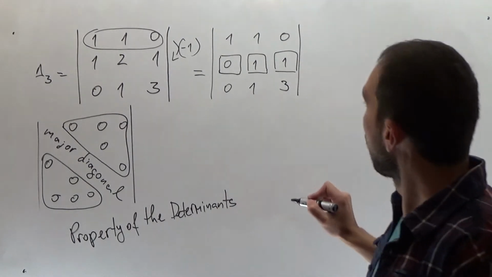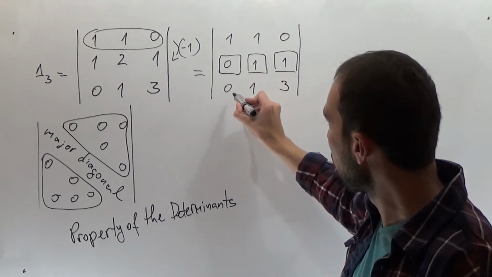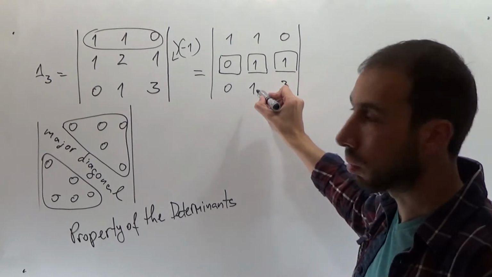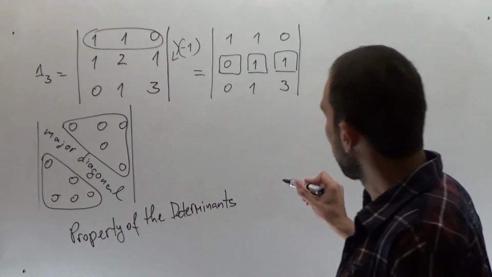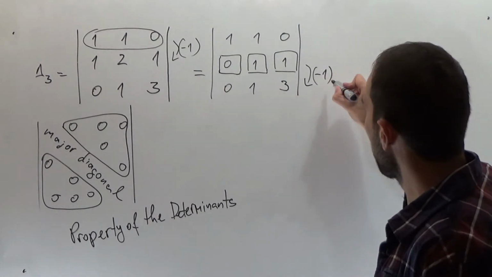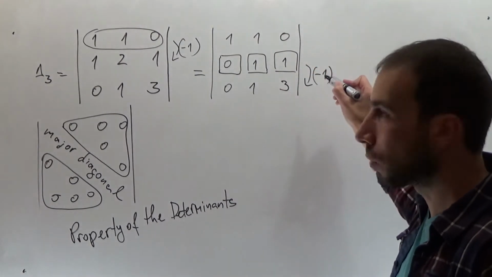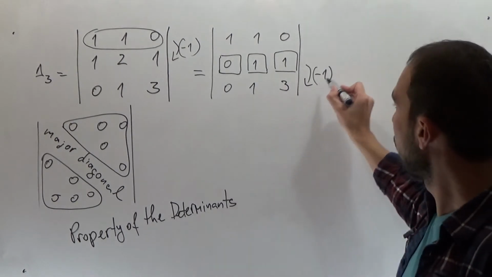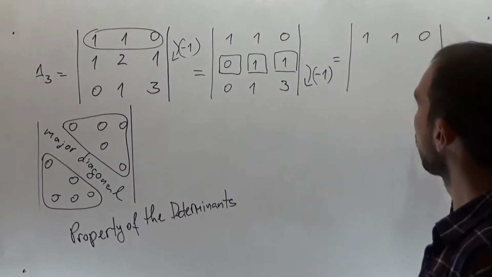Okay, now I have here 0, I have here 0, but I need 0 here, right, to get this structure. Okay, I will multiply by minus 1 this second row of the determinant, and the result of this I will add to the third row. Okay? We have 1, 1, 0.